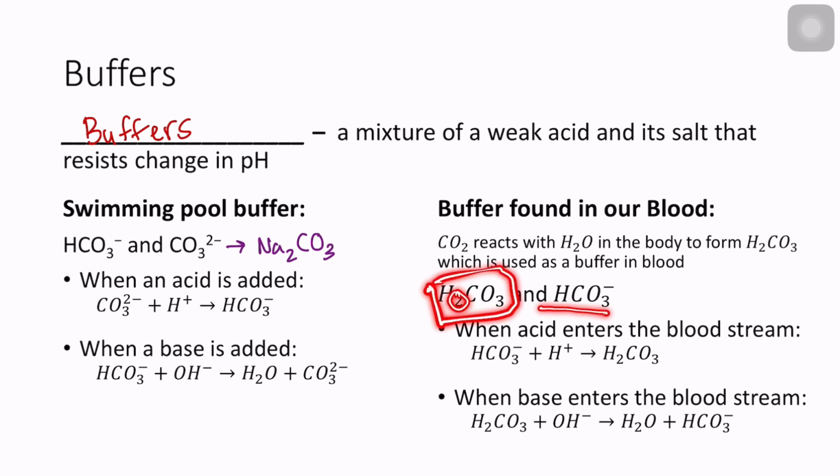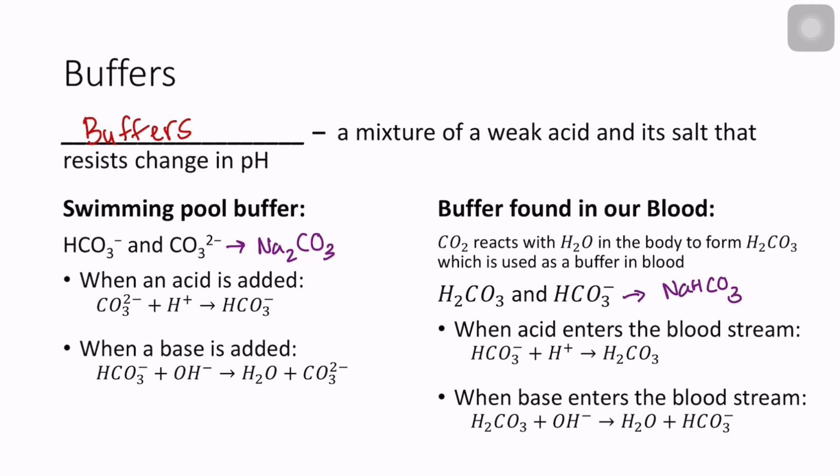I'm going to take one of these hydrogens away, and that will tell me the salt. Now, again, keep in mind that you won't find just bicarbonate by itself. You might find something like sodium bicarbonate. So when you're trying to identify a buffer, look for components that are going to be the same. Look for weak acids and something in the salt that is also in the weak acid.